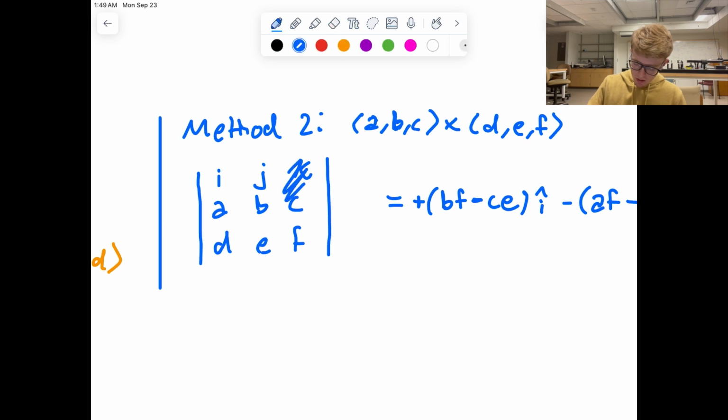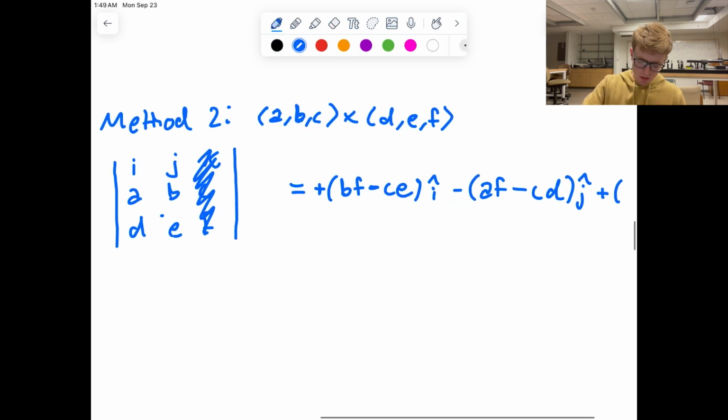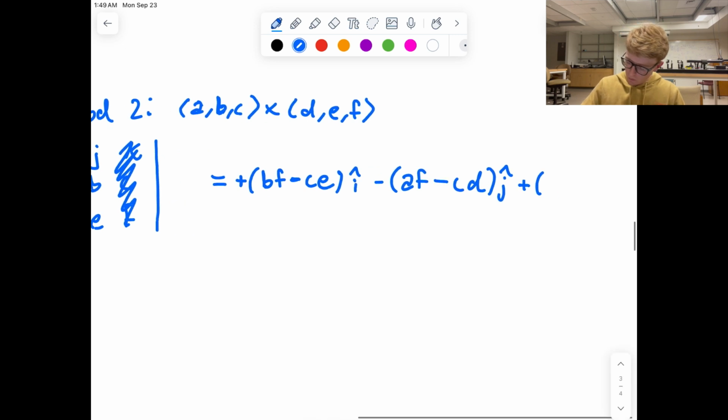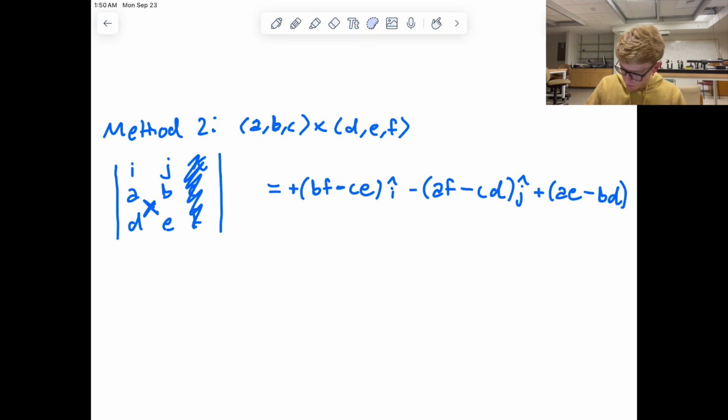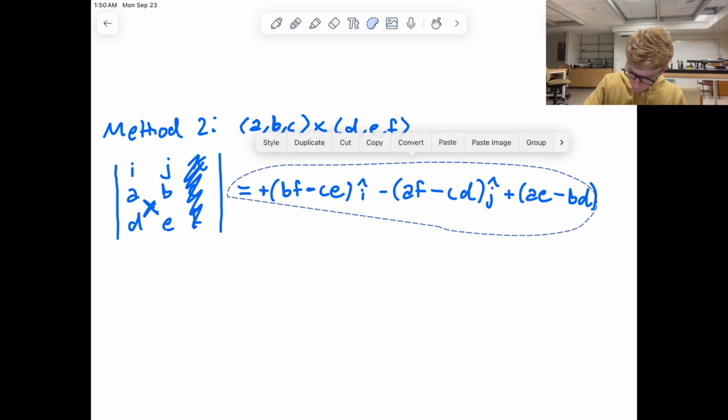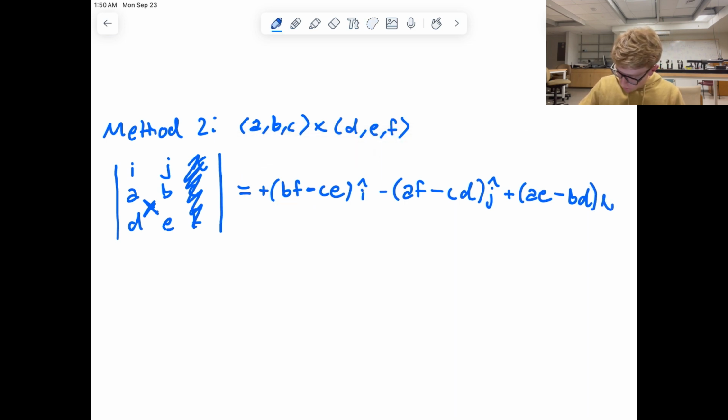We're going to cover up K this time. So we're going to go A times E minus B times D. Let me move all this over. And that'll be in K hat, okay?